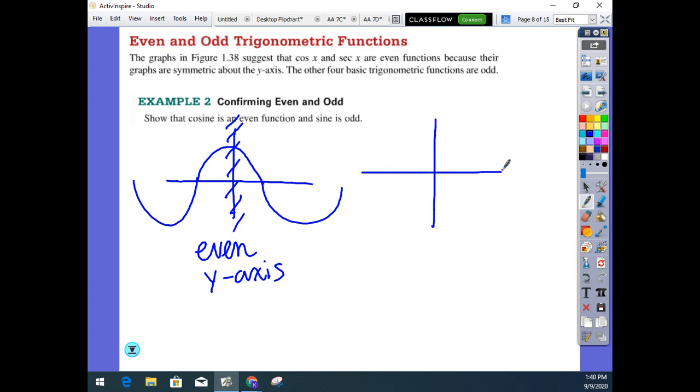Sine is actually flipped over the origin. So when it has symmetry over the origin, it is odd. I think the big thing you just want to remember is that sine is odd, cosine is even.